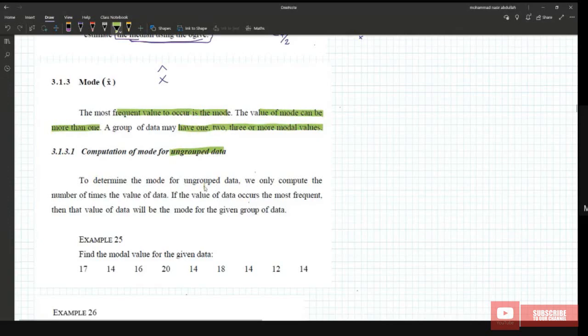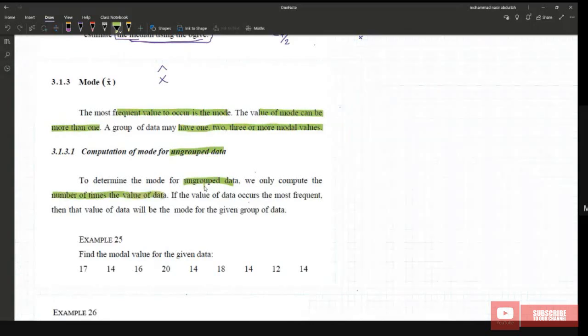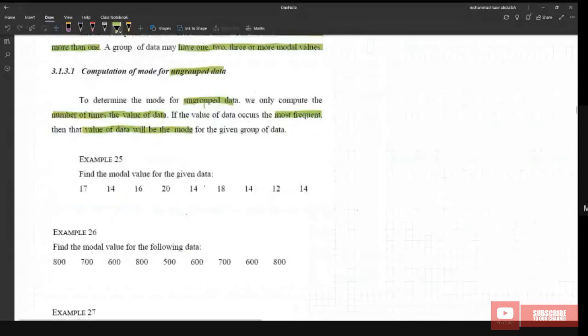So to determine the mode for ungrouped data, we only count the number of times each value of the data occurs. If a value occurs most frequently, then that value is the mode of the given data, right?